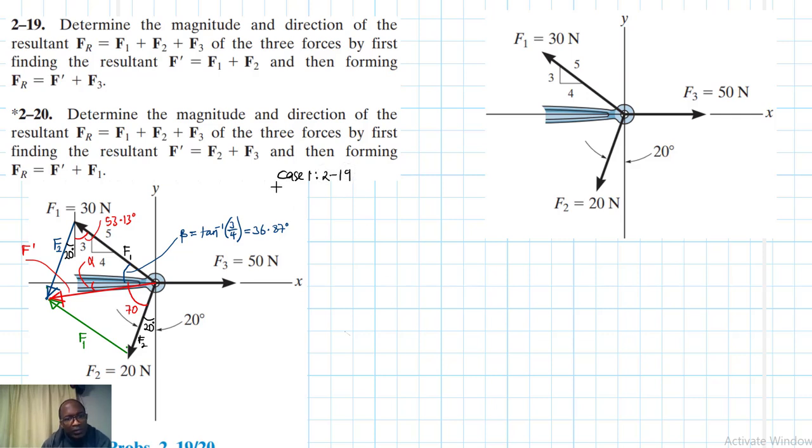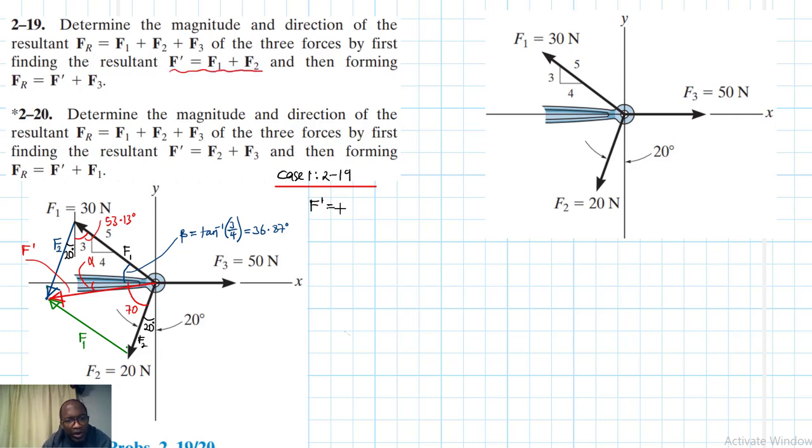So once we have that, let's apply the cosine rule to find F prime. So F prime using the cosine rule is just equal to, we are starting with F1, this is the order, F1 plus F2.